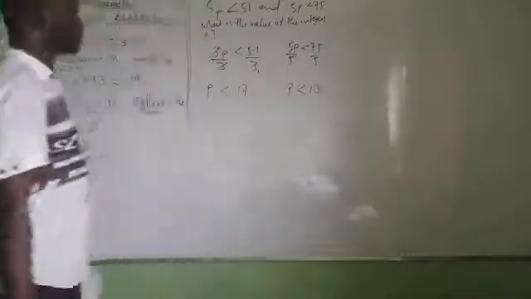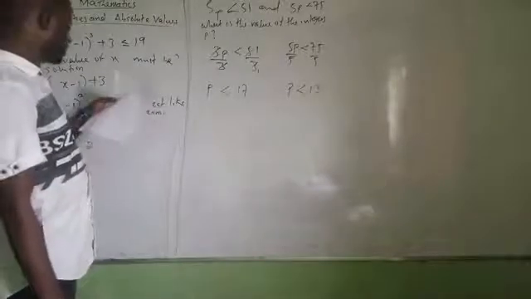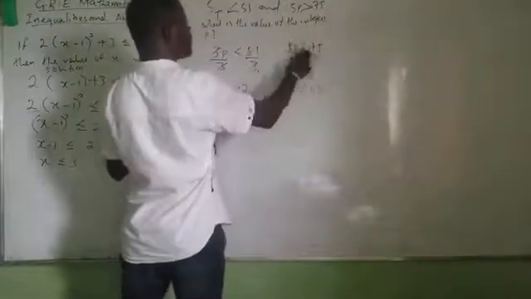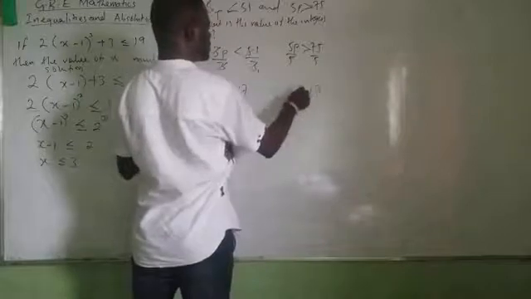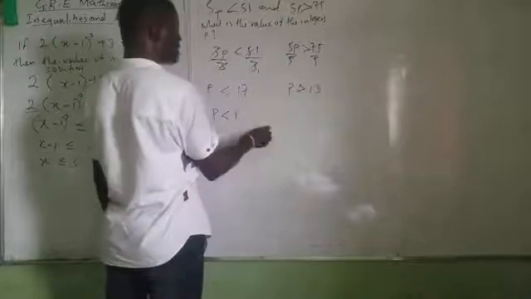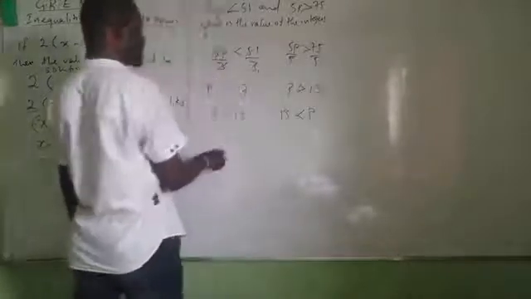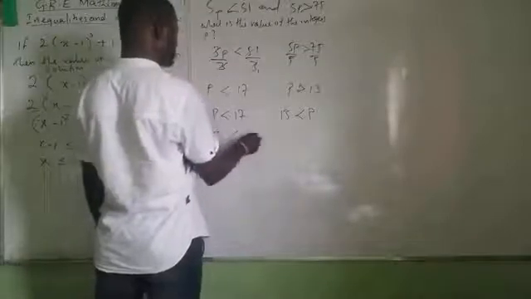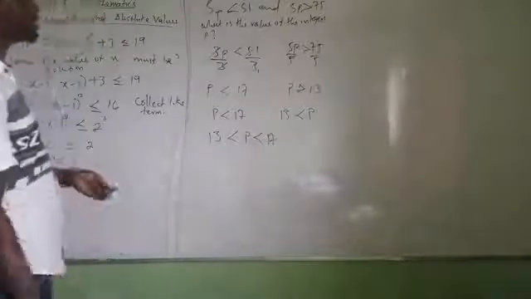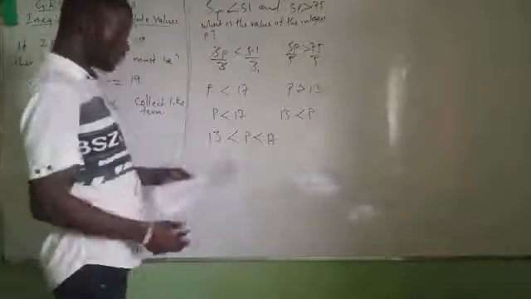Now I can change this to p less than 17 and 15 less than p. So 15 less than p less than 17. What is the range of value here? There will be an option on the material.